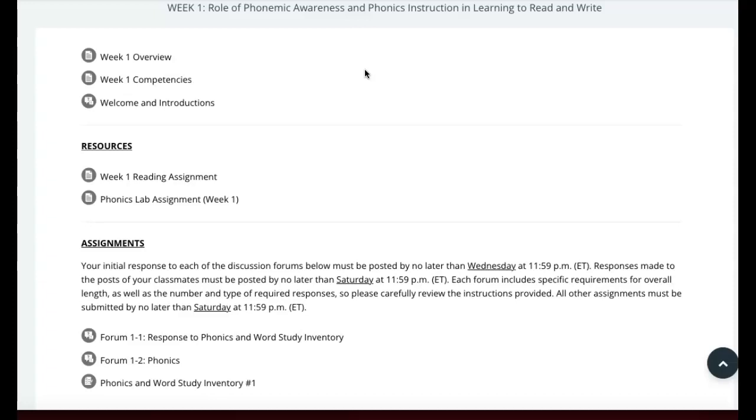Next, the class moved on to phonemic awareness. Now, phonological awareness is about units of sound. Phonemic awareness is about being able to hear and manipulate the smallest unit of sound, which is a phoneme. Phonemic awareness activities involve the smallest units of sound only.